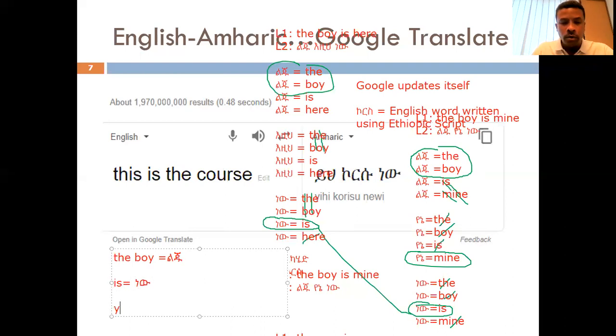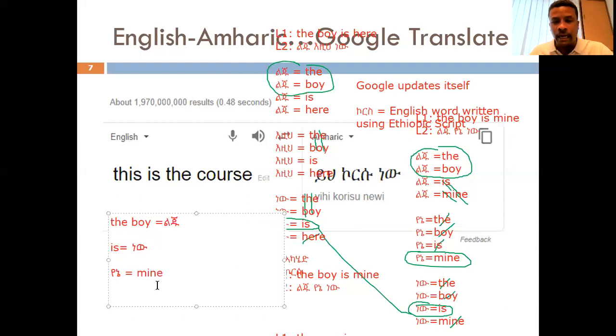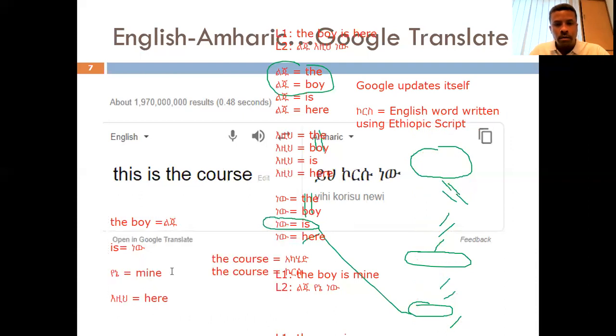And then የኔ is associated with mine. Mind you, I have put it in a very simple way so that you can see the idea. እዚህ is equivalent to here. You see? So you can create such a translation dictionary from a bytext.